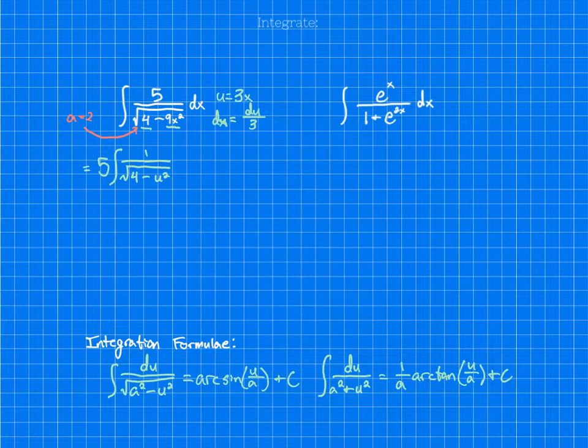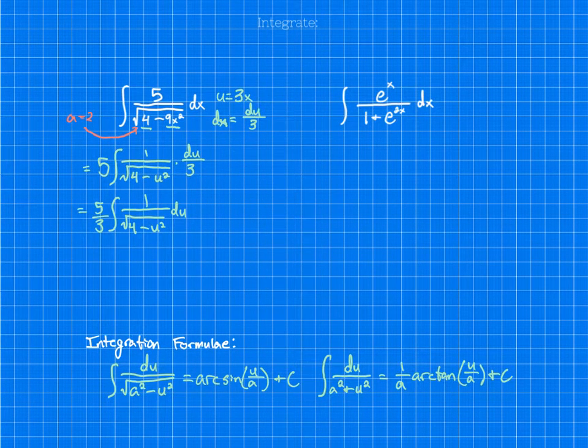So the derivative of 3x is 3, so my dx would be du divided by 3. So it looks like this integral would turn into 5/3 times the integral of 1 over the square root of 4 minus u squared du.